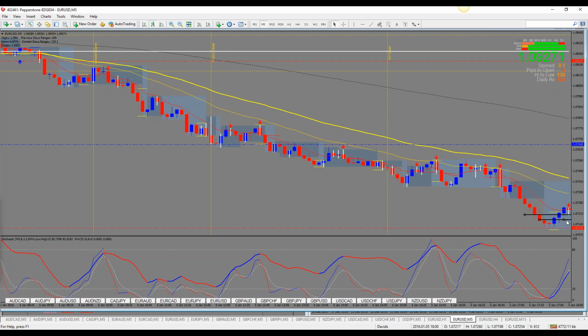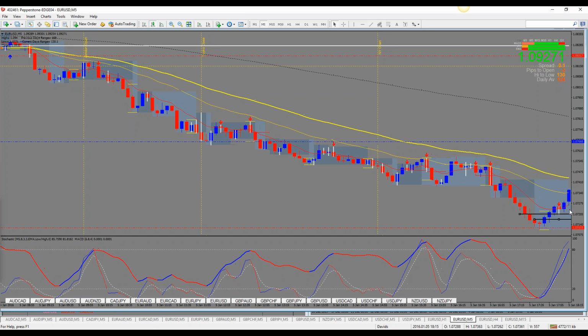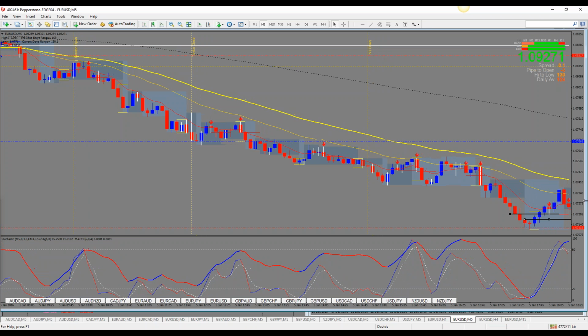Now we're getting really close to London close, and I keep that in mind. Okay, so you see there's no break, no trade. No break, no trade. And in fact, it's going up. Right, so I don't trade it. So I now have a signal here.